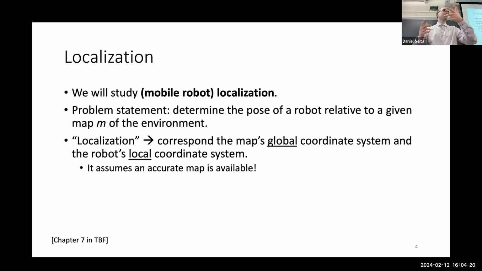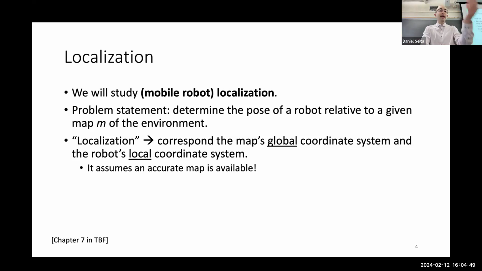Usually there's some kind of center or root joint of the robot where a coordinate frame is centered. If you have a mobile robot, from a top-down view, that's probably where the local coordinate system is centered. And basically, we just have to figure out where that coordinate frame is in the bigger global map.